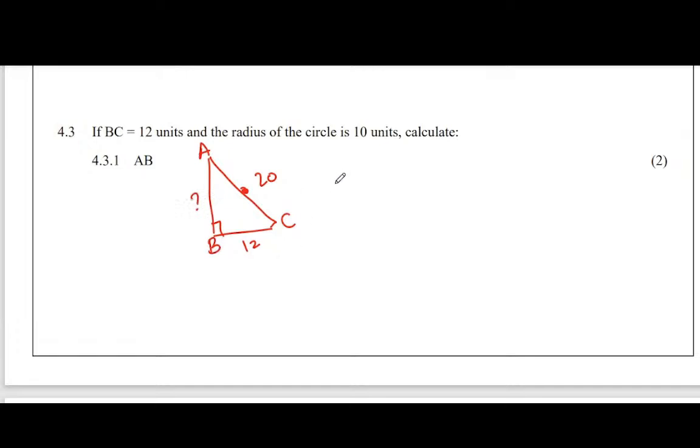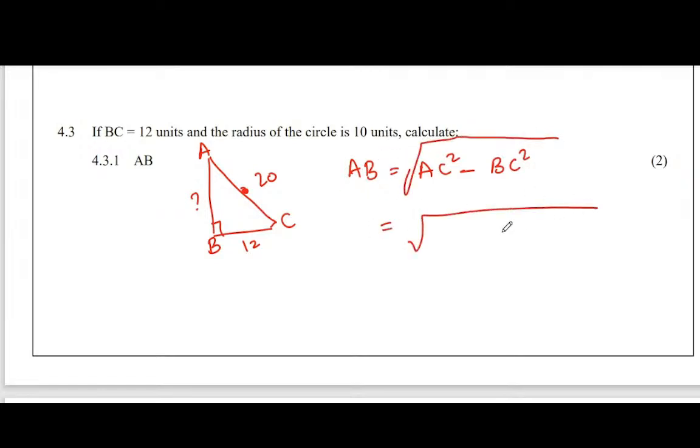So from your Pythagoras theorem, we know that AB is going to be the square root of AC squared minus BC squared. Just put it there, because it's meant to be AB squared. So that's the square root of 20 squared minus 12 squared. And then what do I get? 256.